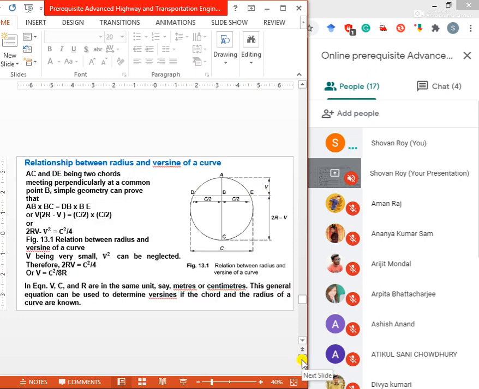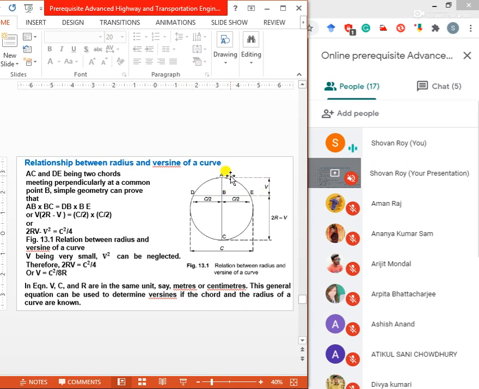AC and D being two chords meeting perpendicularly at a common point B, simple geometry can prove that AB into BC equals DB into BE.